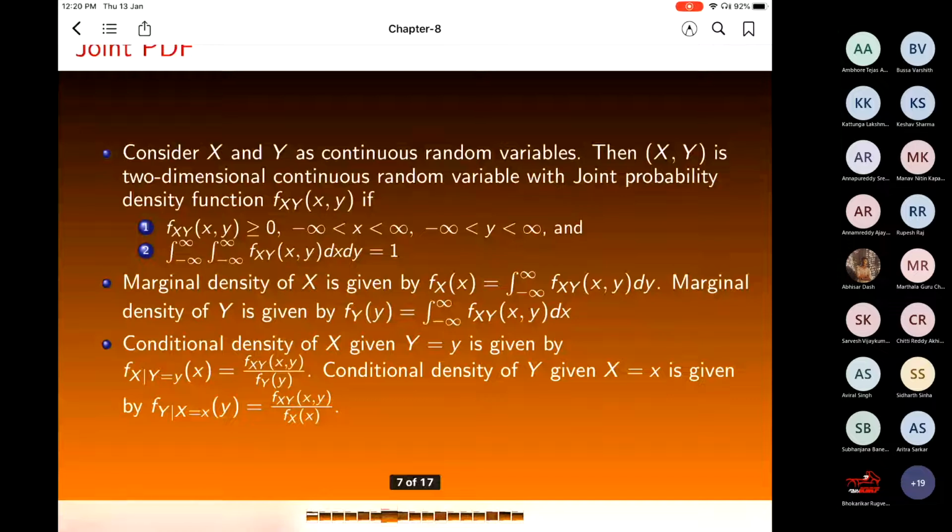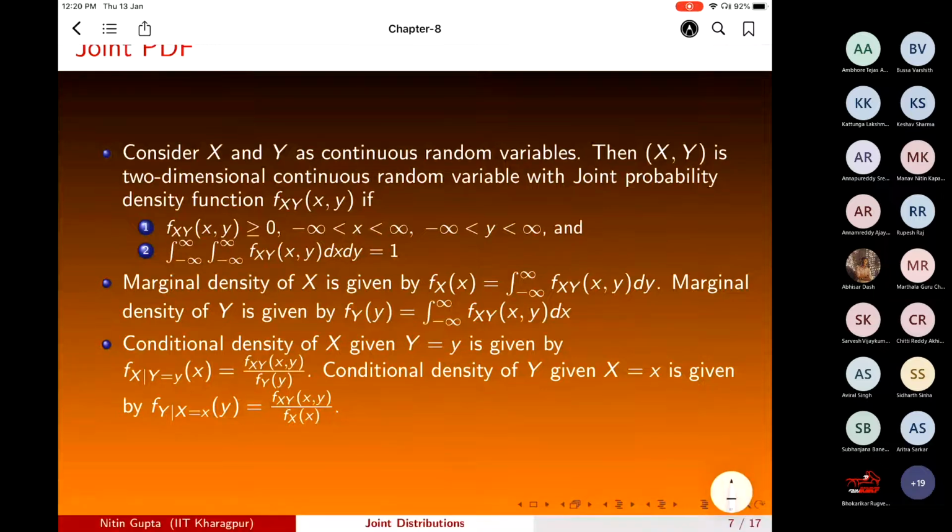In the same fashion, for continuous random variables, you can define the joint probability density function f(x, y), which is greater than or equal to 0, with x between minus infinity and infinity and y between minus infinity and infinity. Instead of summation, you now have a double integral, which should be 1. For the marginal, in the same fashion, you can find f_X(x) as the integral of f(x, y) dy.